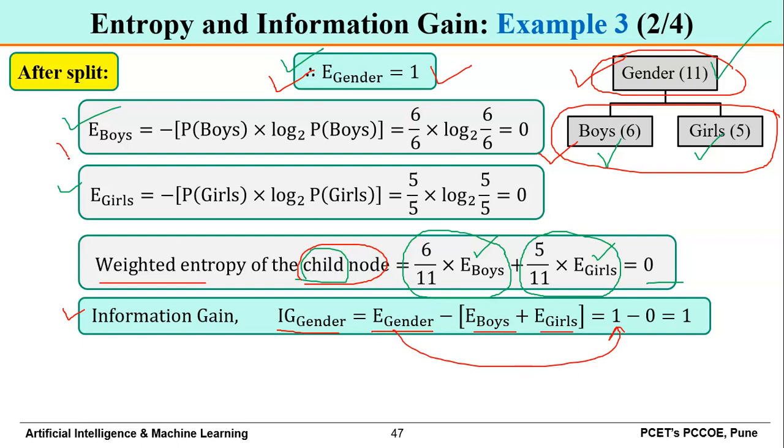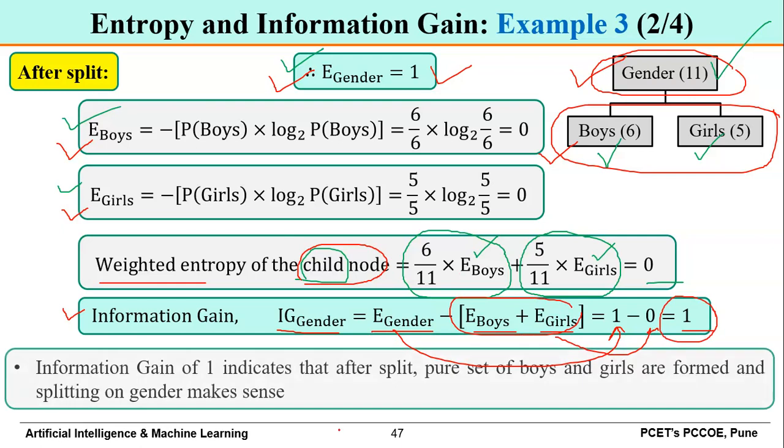In our case, the entropy for boys and the entropy for girls are the child nodes, and their sum is 0. So 1 minus 0, the answer is 1. So the information gain is 1 in this particular case. So we get a good value.